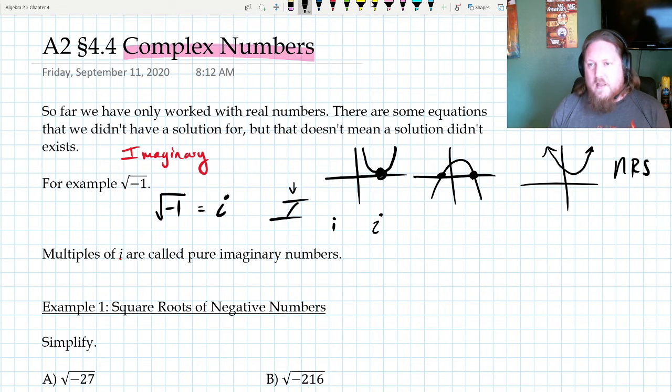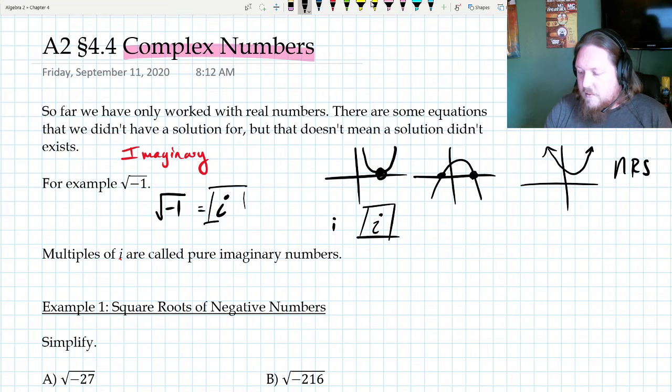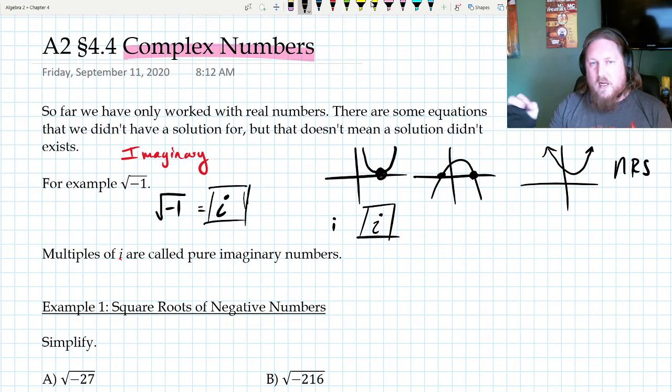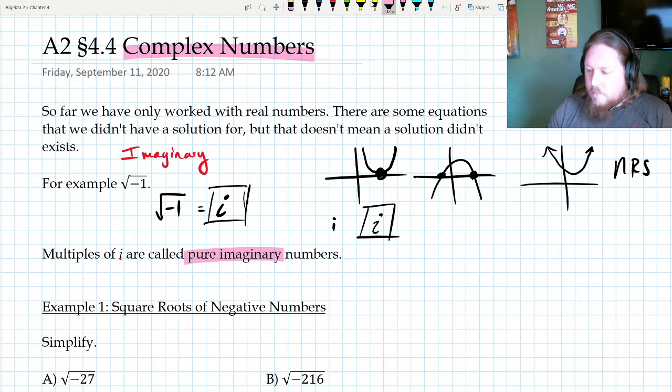But that's because it's a capital I and not a lowercase i. So we prefer to write it the nice clean way, like this. I usually write it with just kind of a little like backwards j almost. But we call this an imaginary number. Okay.